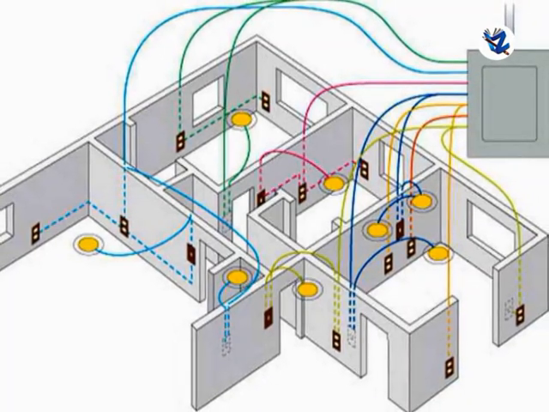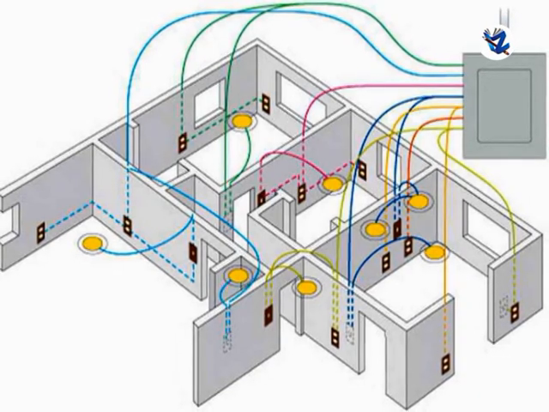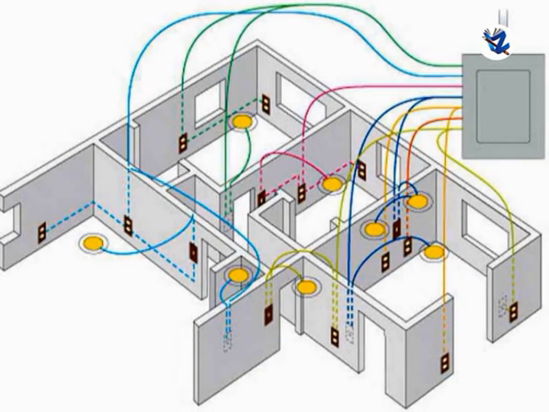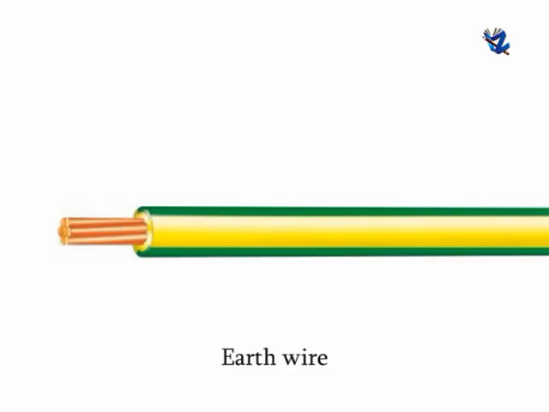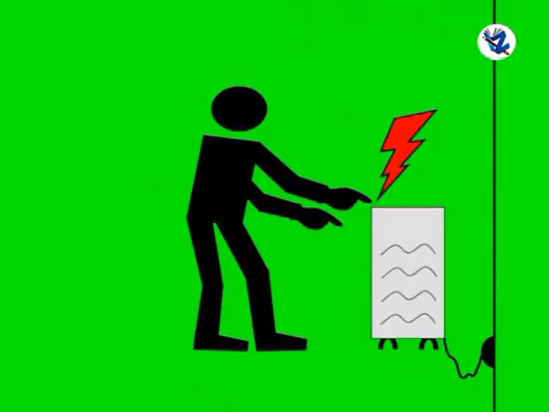The different appliances are connected in parallel and the potential difference across every appliance is the same. The third wire is the earth wire and is of yellow or green color. It is connected to a metal plate buried deep underground near the house and is for safety purposes.